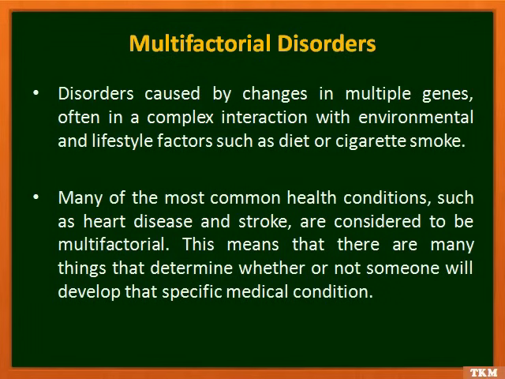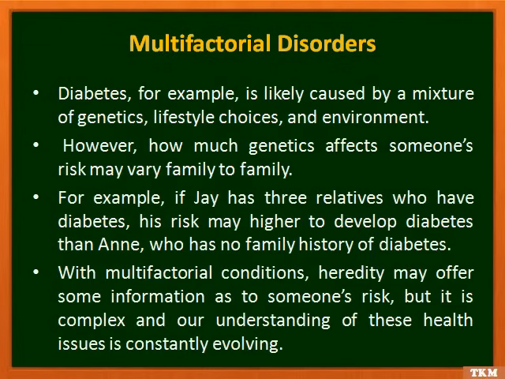Then coming to the next type of disorder, that is multifactorial disorder. Disorders caused by changes in multiple genes, often in a complex interaction with environmental and lifestyle factors such as diet or cigarette smoke. Many of the most common health conditions such as heart disease and stroke are considered to be multifactorial. This means that there are many things that determine whether or not someone will develop that specific medical condition.